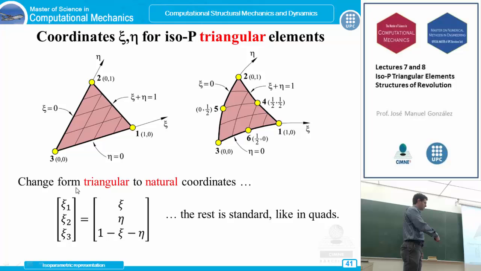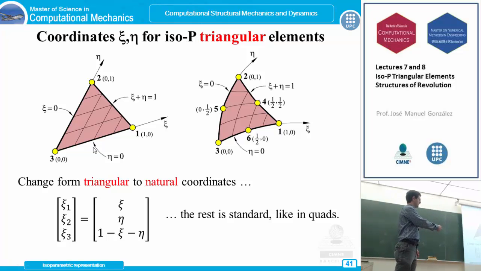So you can choose these 3 natural coordinates, or these 2, just to represent the isoparametric triangular elements. So if we choose these natural coordinates, the rest, all the formulation, all the integrals, and all the development is exactly the same we have presented in quadrilateral elements.